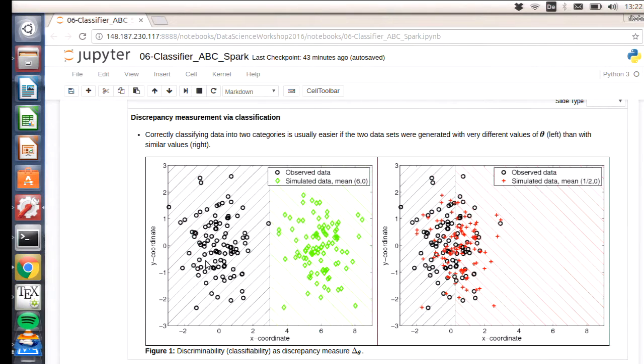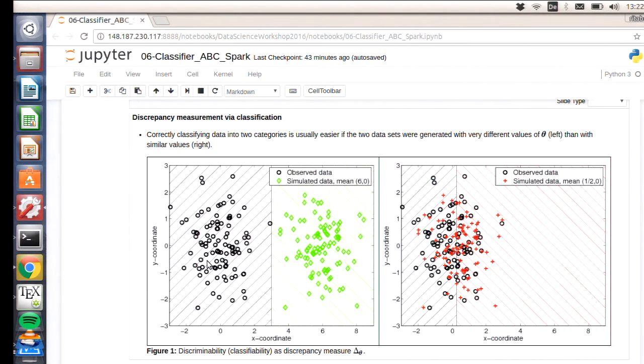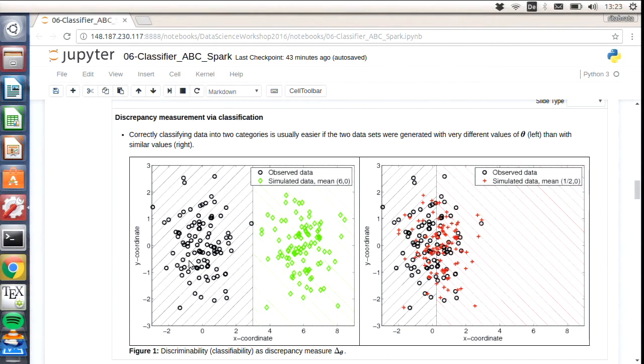The example we are taking is from a Gaussian distribution with variance fixed at 1, and we just play with the mean parameter and see how they vary. In the left panel we have mean 6 and mean 0. And then we simulated 2 data sets.